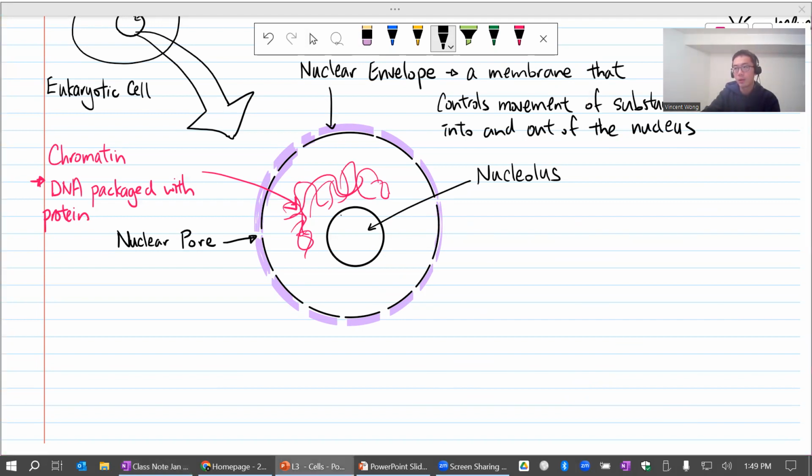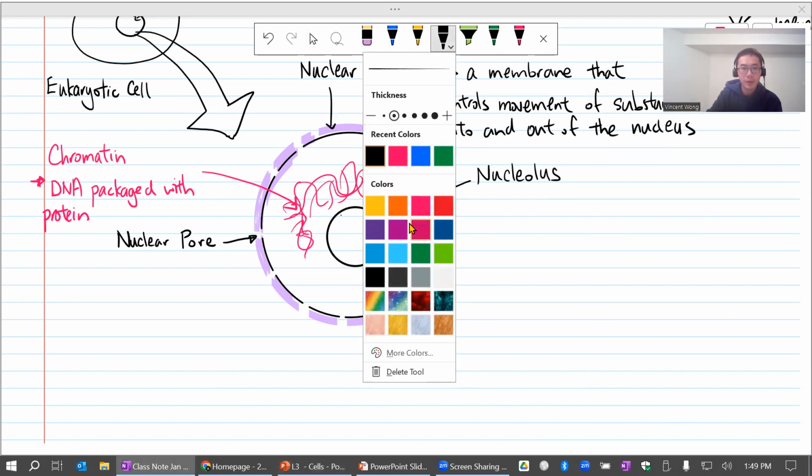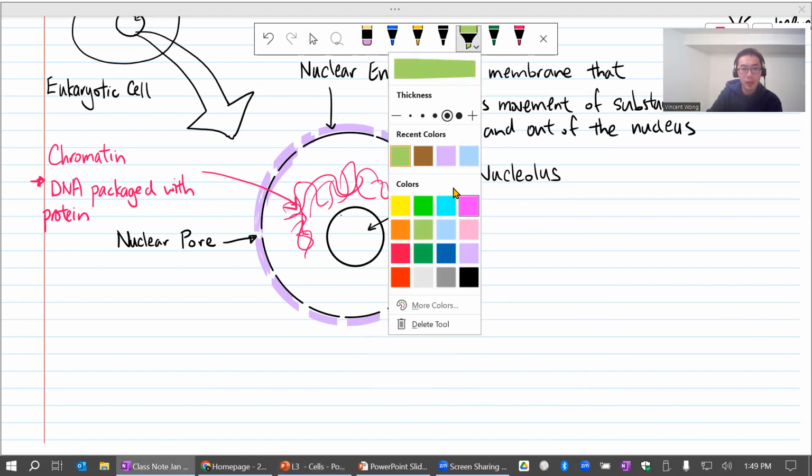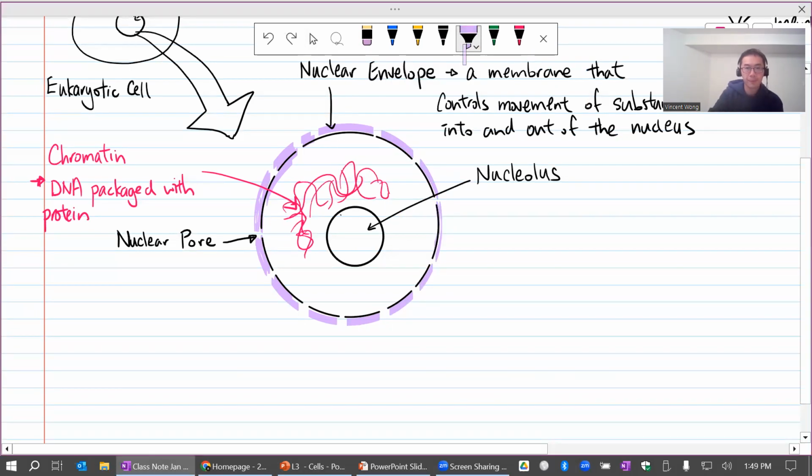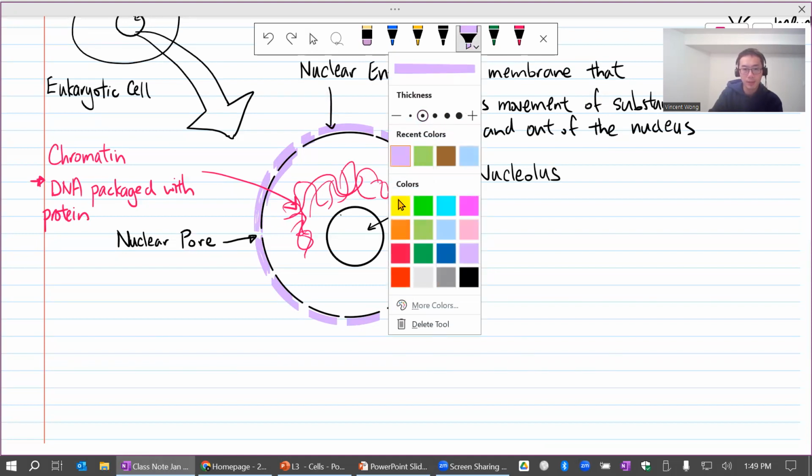Now we will continue our drawing. It turns out that the nuclear envelope is not going to stop around the nucleus.